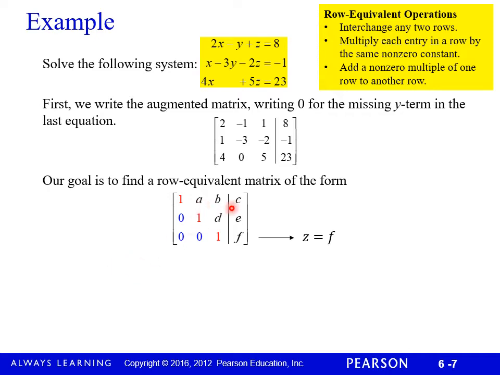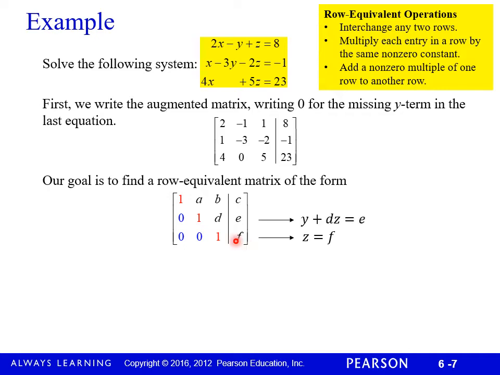Now each of these a, b, c, d, e, f are just representing numbers. Doesn't matter what these are, and that's why they're variables there. What we're trying to do is create a 1 on the downward diagonal and zeros below. All these other numbers, it doesn't matter. Because now we can solve for each of the variables by working from the bottom up. If we convert the last row into an equation, we get z equals f.